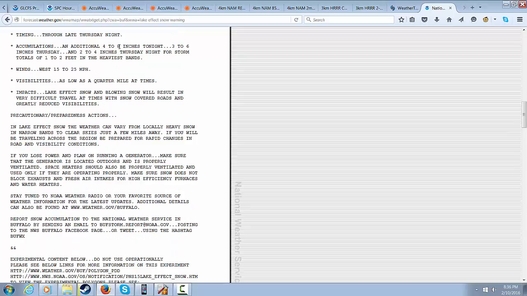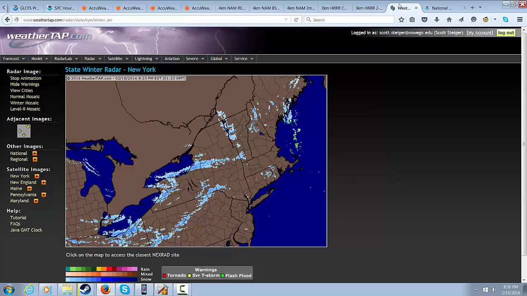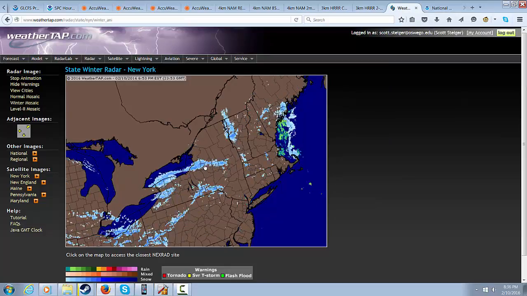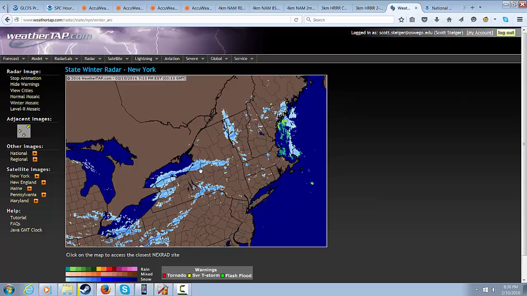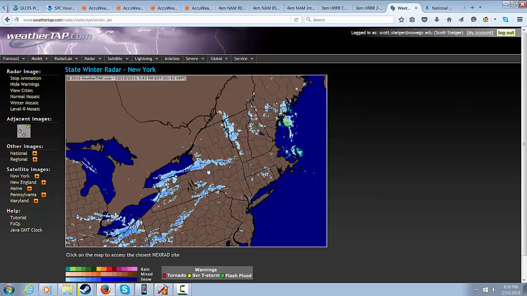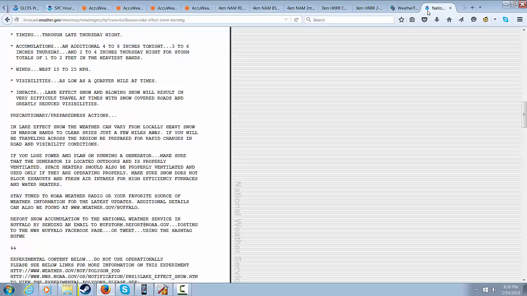I'm not going to go into their accumulations, although I think we may have a little bit more in some of the most persistent bands, especially areas that will have a little bit of orographic effects inland where the land starts to slope up a little bit.